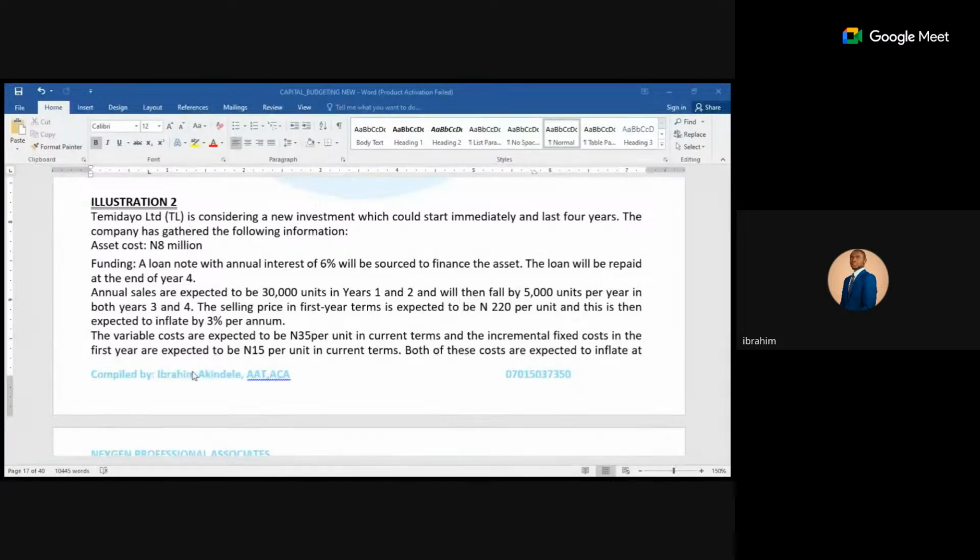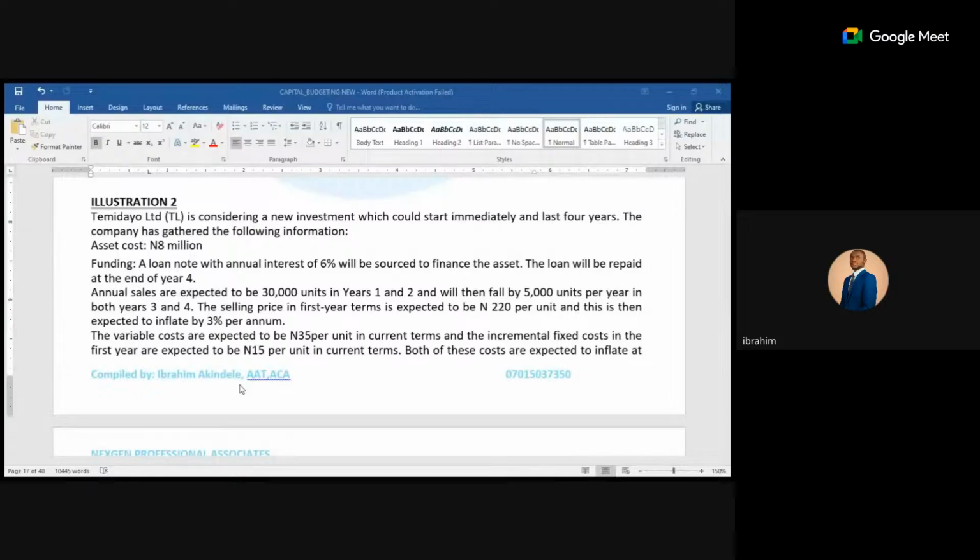Okay. Now, the selling price in the first year is expected to be 220 per unit, and this is then expected to inflate by 3% per annum.